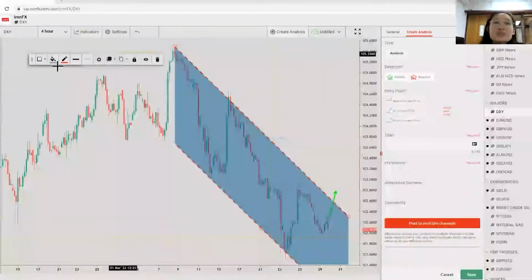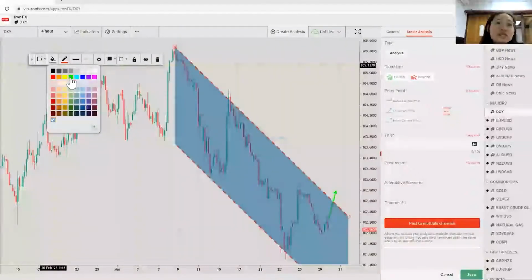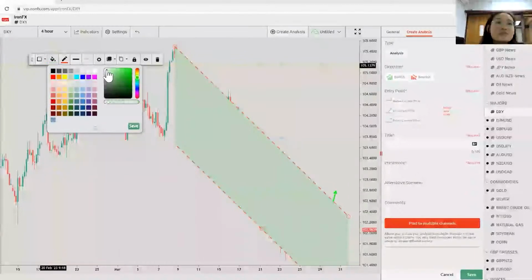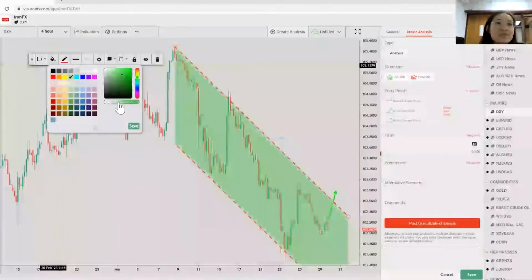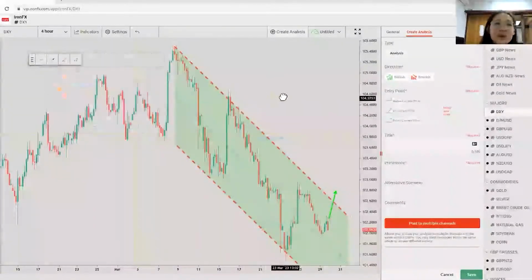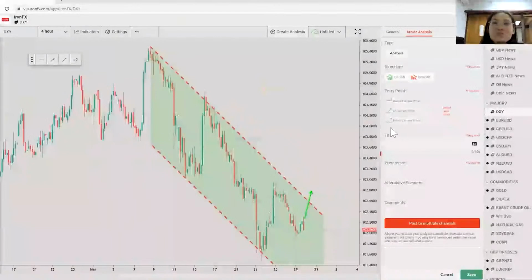Okay, price is moving in a descending trend channel. Okay, so here's the opacity. So it's highly customizable as well for your own charts.